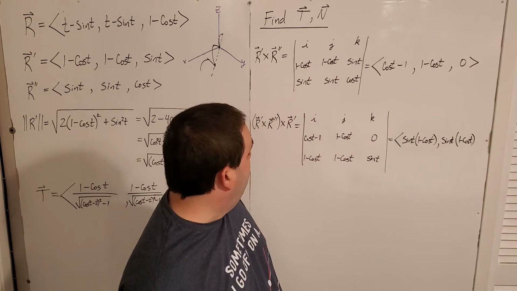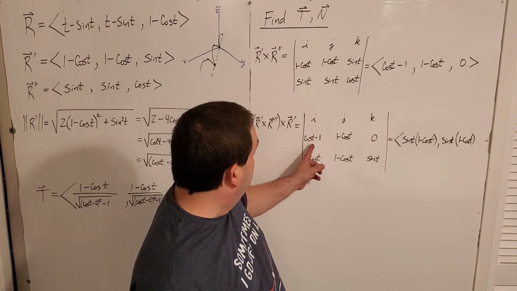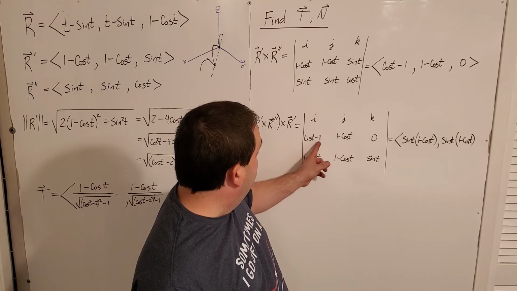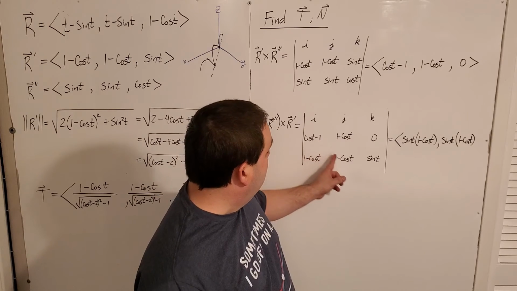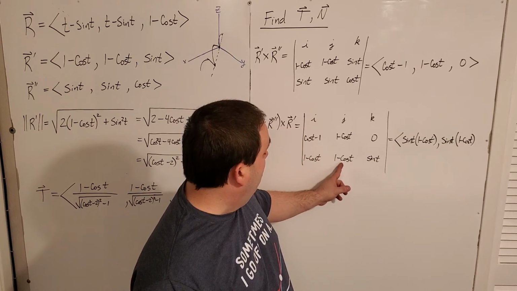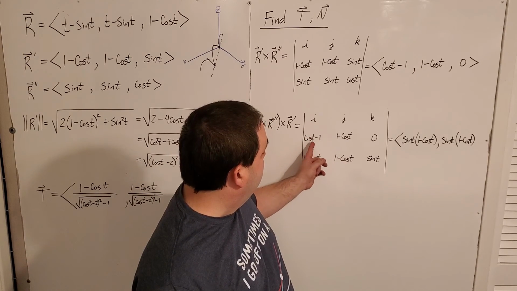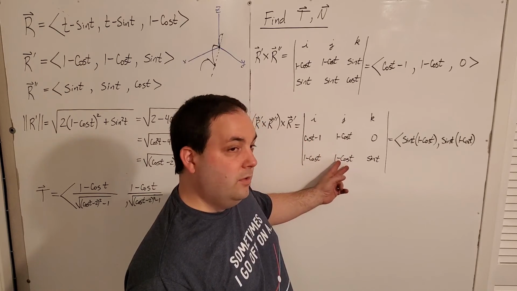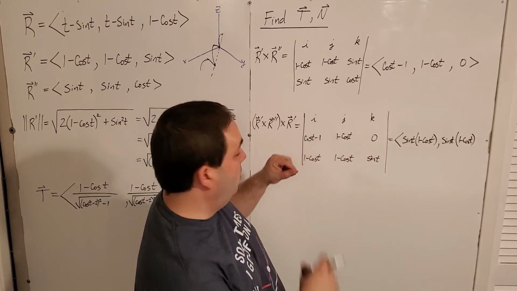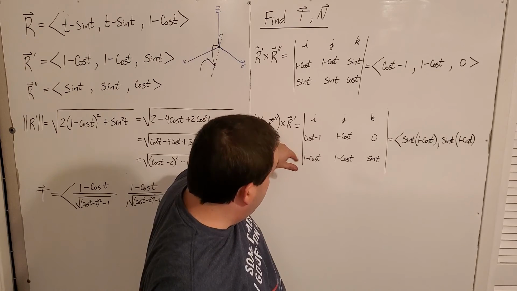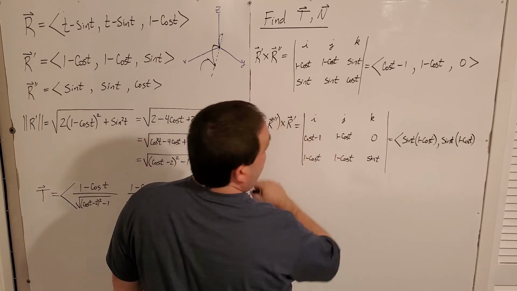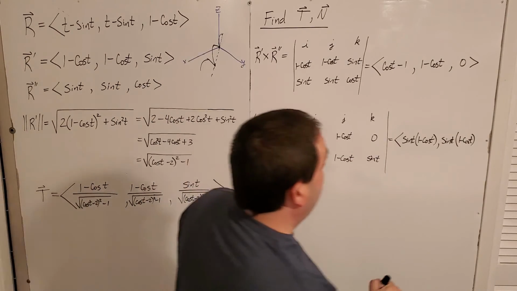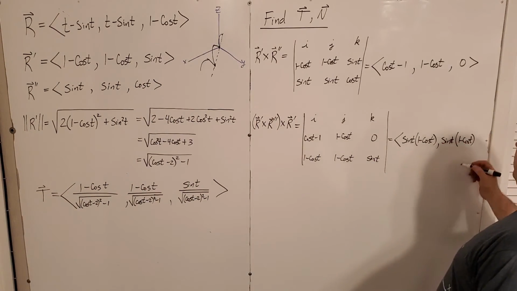And then in my k direction, I've got cosine t minus 1 times 1 minus cosine t. That's basically the same thing, right? But one's negative, one's positive. So it's like saying the negative but squared. So negative something squared. Minus 1 minus cosine t, 1 minus cosine t. So what I get is negative 2, because it's the same thing.